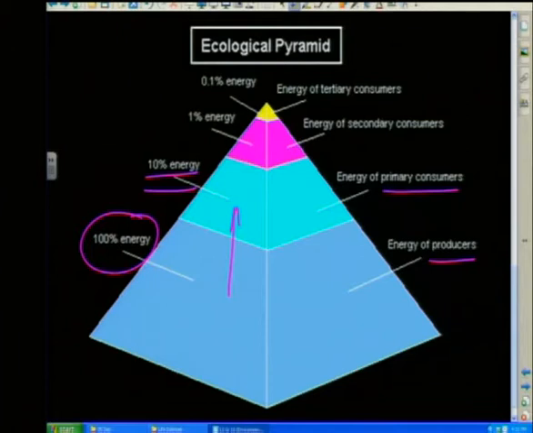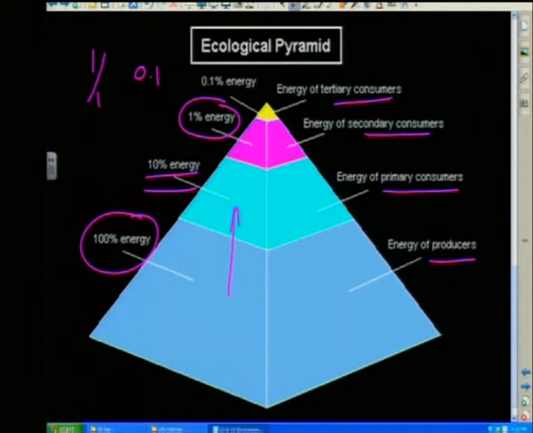So we can see that gradual decrease in the amount of energy, and then your secondary consumers would only get 1% of that energy, and finally your tertiary consumers only receive 0.1%, which is 1/10 of the energy from the previous trophic level. So lots of energy is lost as we go from one trophic level to the next.